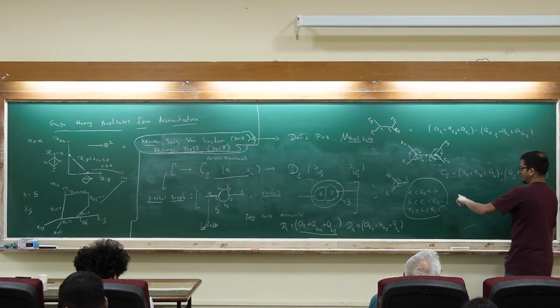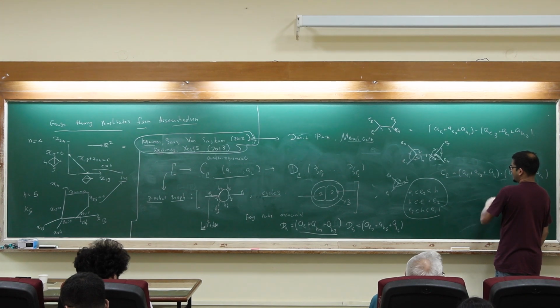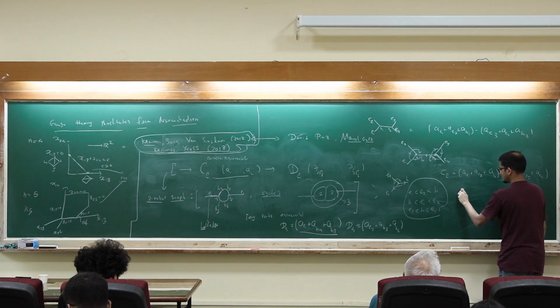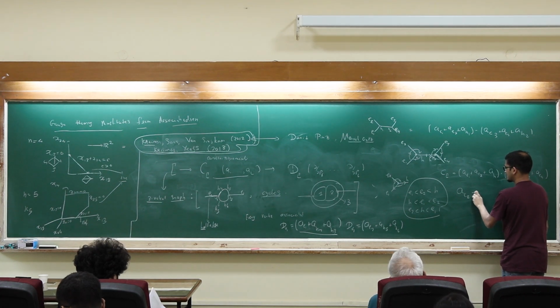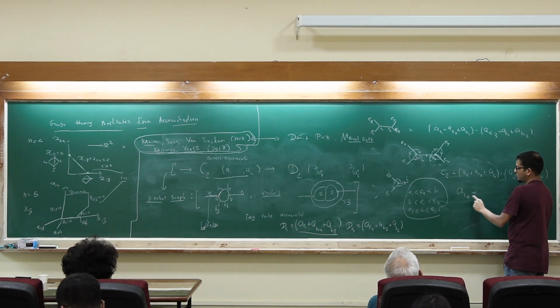So now I'm going to write down what these terms are. Because I'm looking at AE1 plus AE2 plus AH, I'm going to give a representation of these variables in terms of differential operators.